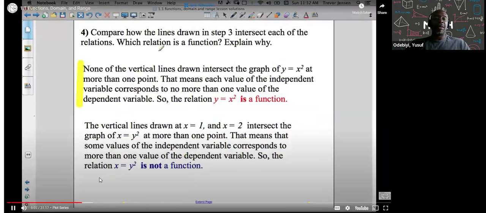Vertical lines show that if it only crosses one, giving one value for y for every x, then you know it is a function. And we know that the independent variable is the x value. The dependent variable is the y.